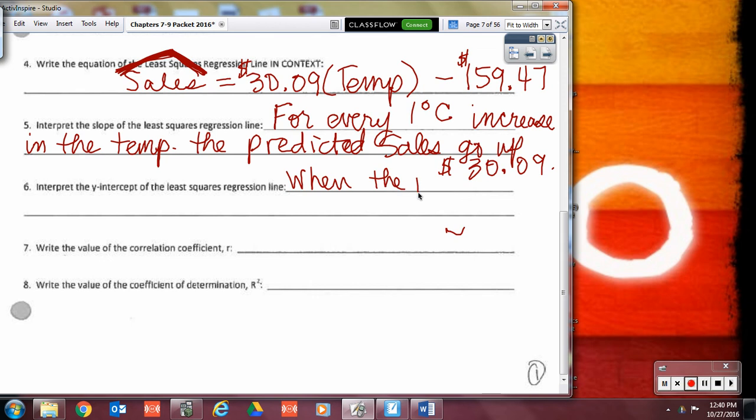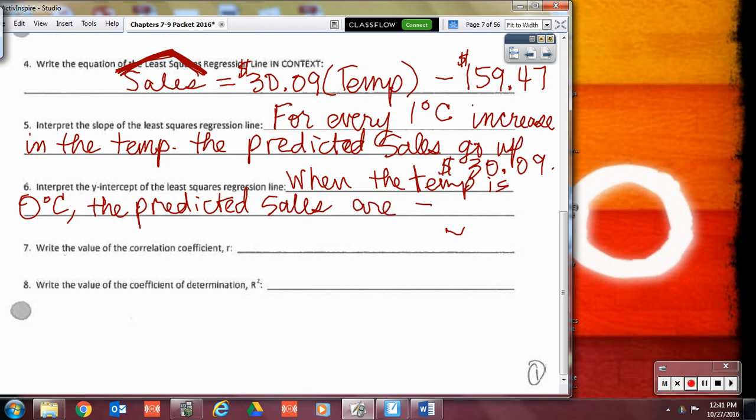When the temperature is 0 degrees Celsius, the what? Good. The predicted sales, is it R or is? Are negative $159.47.